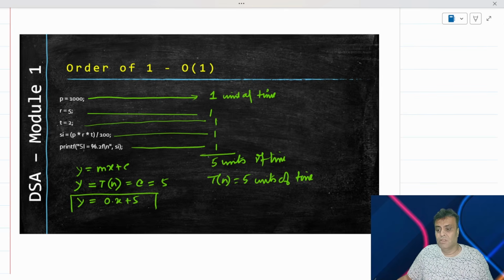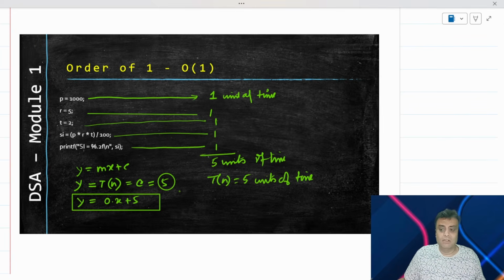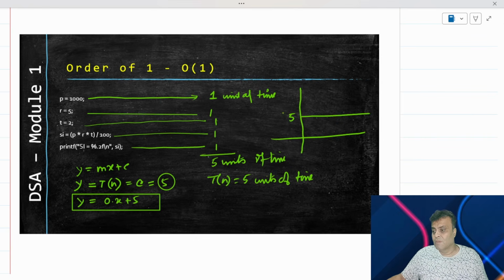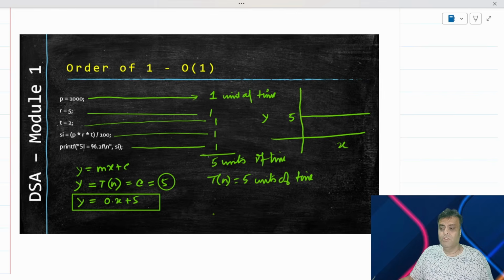This is what this particular algorithm will follow, isn't it? Because you have 5 as the intercept of the y equal to mx plus c curve, and you have 0x as the slope. So aren't we talking about a curve which looks like this? What is this? Y equal to 0x plus 5.